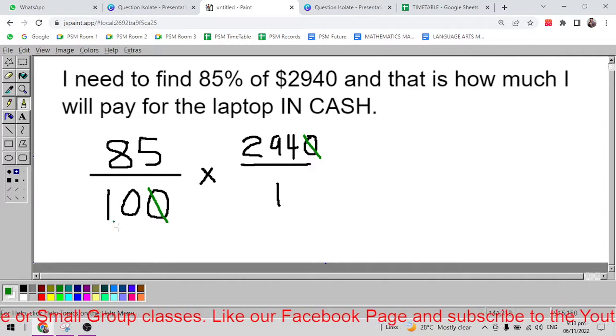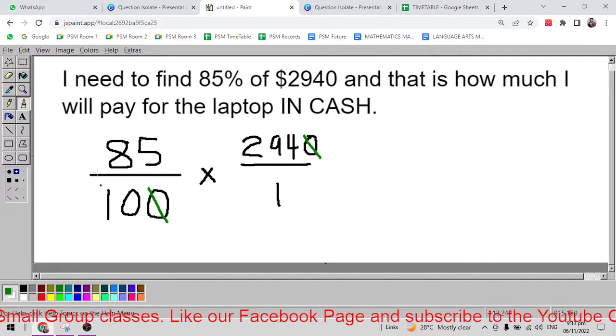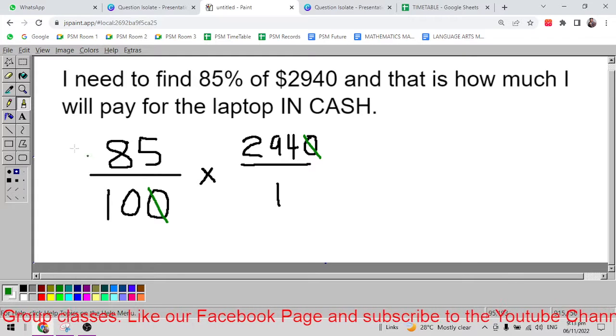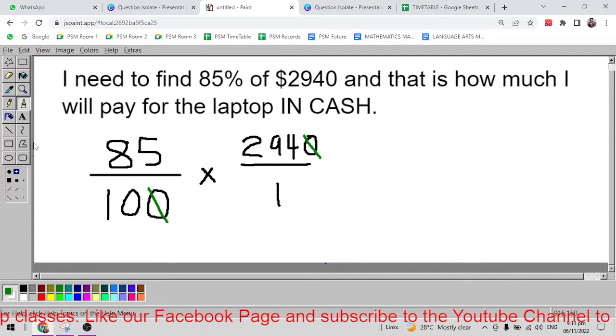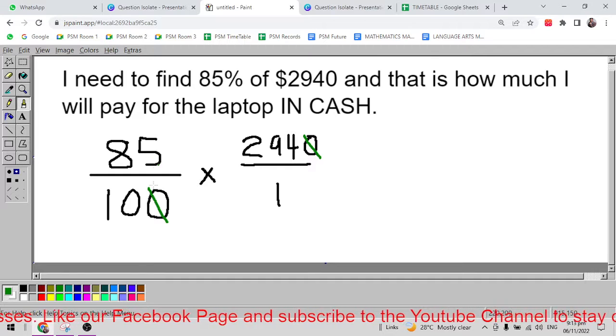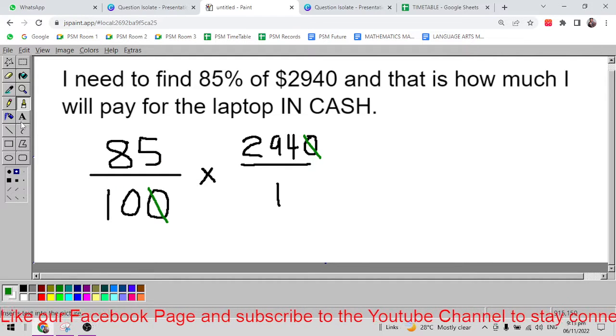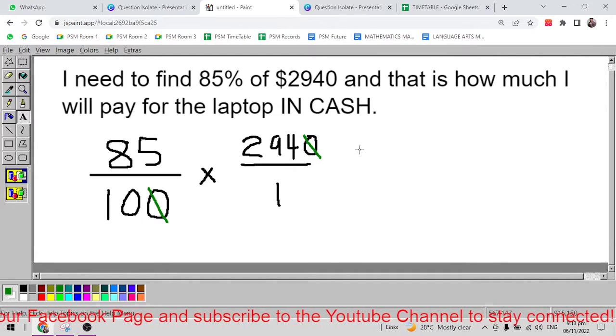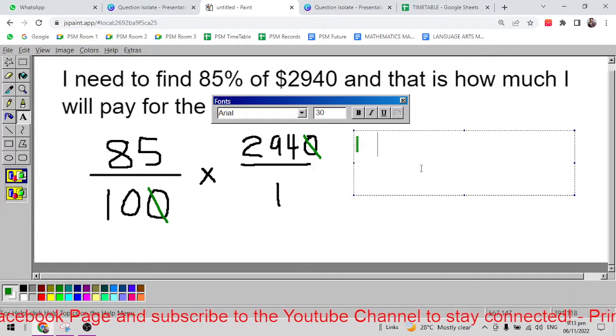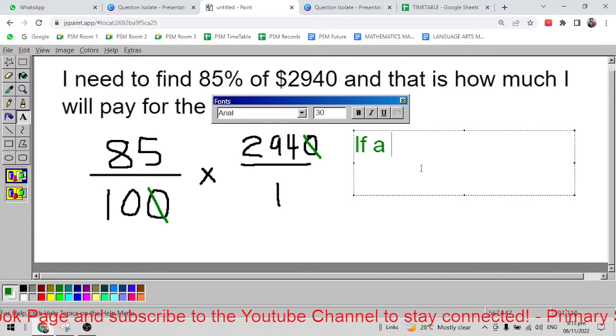Then I see here that there is a 10 and there is an 85. Now remember the rule: if a number ends in 5 or 0, it can be divided by 5.